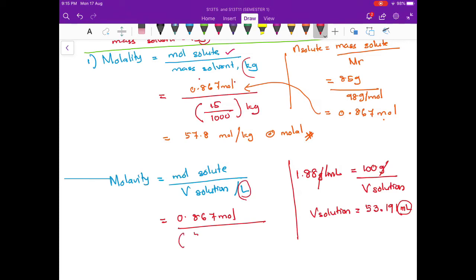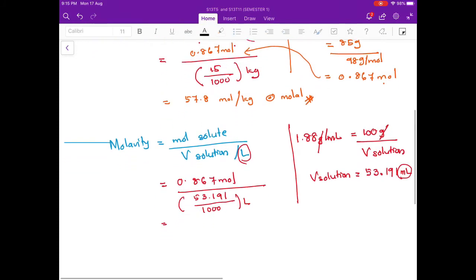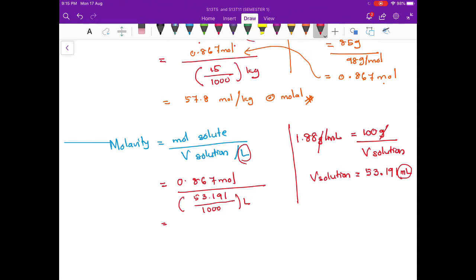So 53.191 divided by 1000 liter. Okay. So what is the answer? 16.3 mole per liter, or we can use a capital M.